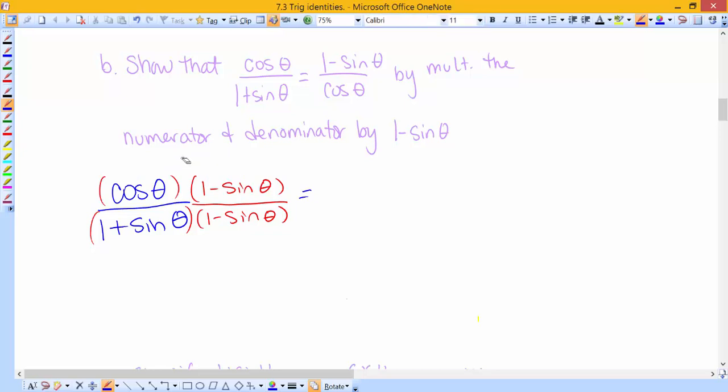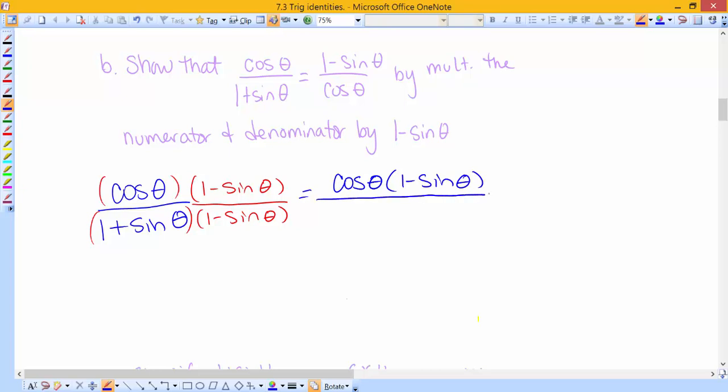My reason for not wanting to do that, if I distribute, don't write this, but if I distribute, I would get cosine of theta minus cosine of theta times sine of theta. Well, now I don't see the 1 minus sine theta that I want. I want 1 minus sine theta. So I'm actually going to leave it as cosine theta times 1 minus sine of theta.